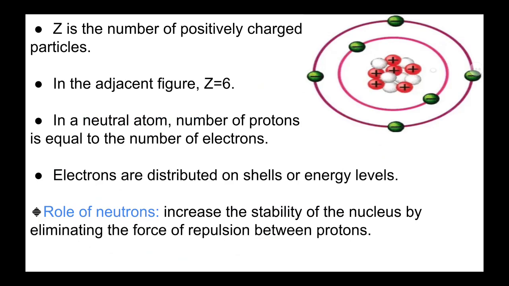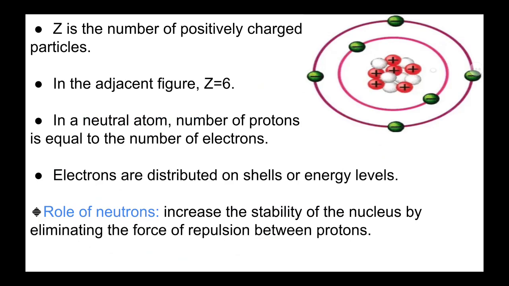Z is the number of positively charged particles, which means that Z is the number of protons, or the atomic number. As we observe the adjacent figure, we see 6 positive charges inside the nucleus, which means that this atom has 6 protons, then its Z is equal to 6.